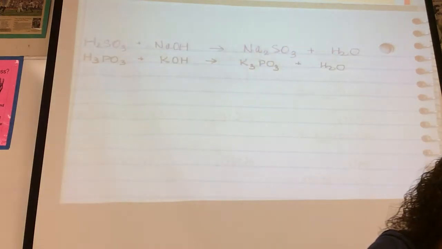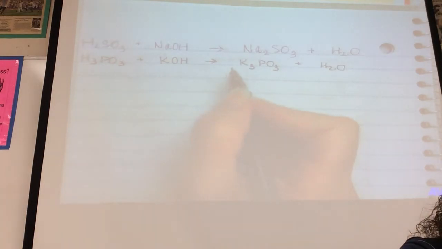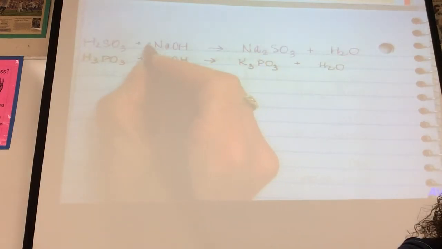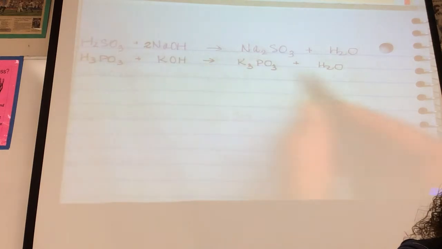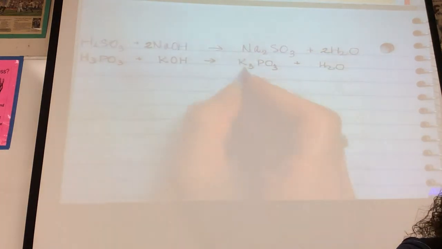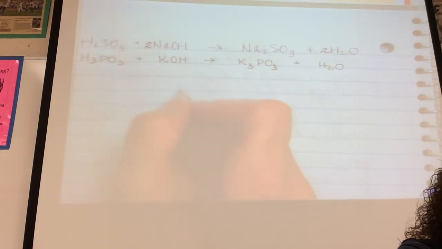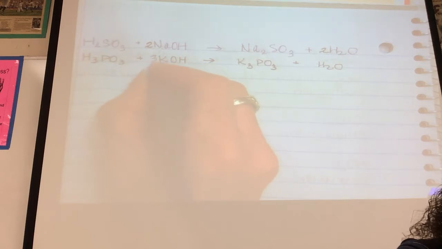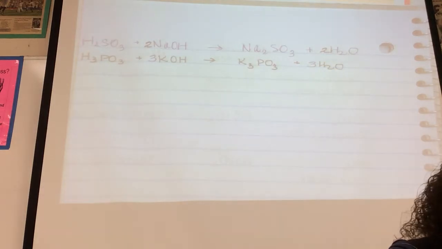And I was a little too quick here because I didn't balance. Bad girl. So we've got to balance those. We've got 2 sodium, 2 sodium, 2 H's, and 2 more is 4. So you need that coefficient for the water. We've got 3 potassium. So what goes in front of the potassium hydroxide? 3. We've got 3 and 3 more is 6 H's, and we're balanced.